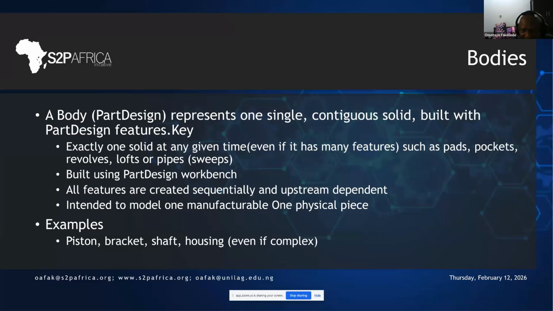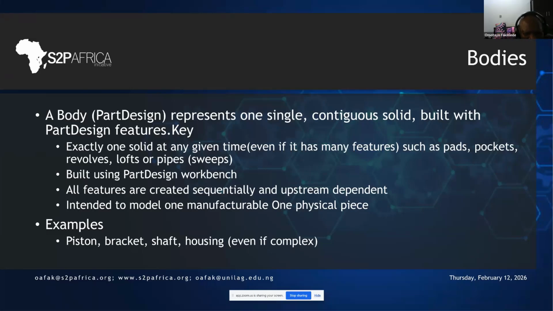The features could be pads, pockets, revolves, lofts, pipes, sweeps, extrusions, which we call pads, and all those things. A body is usually built using the part design workbench. You can build bodies from other workbenches, but most of the time we are going to be using part design.